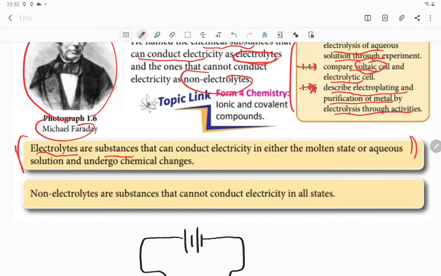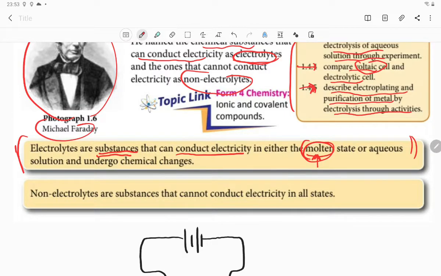Electrolytes are substances that can conduct electricity either in molten state or aqueous solution and undergo chemical changes. The keywords for this explanation: substance, chemical, can conduct electricity, either in molten state, that is easy, when the substance is heated, it changes from solid to liquid.